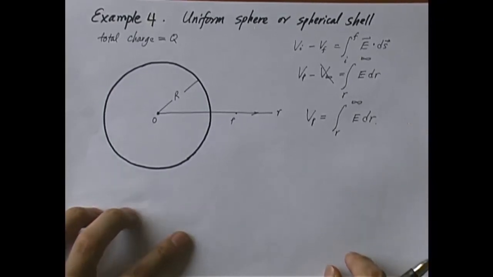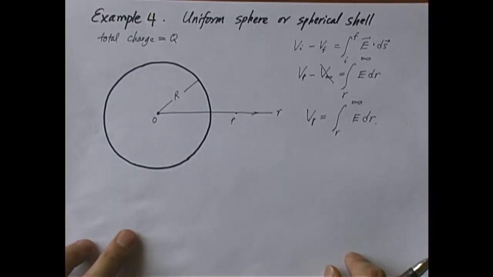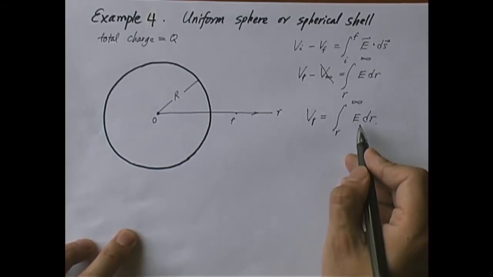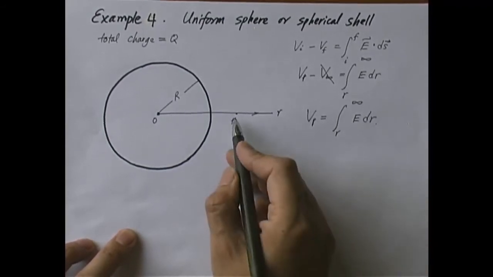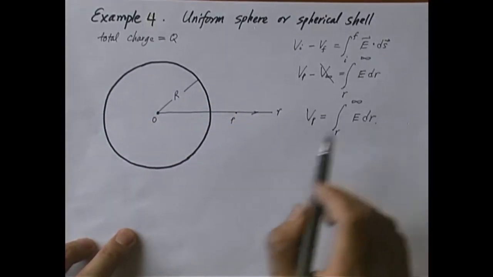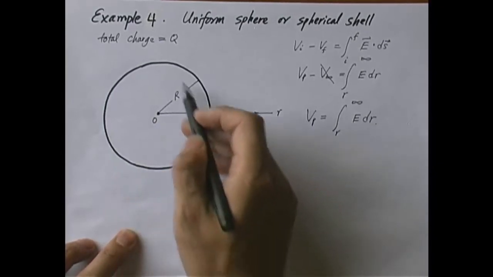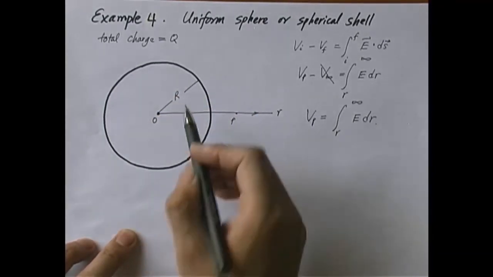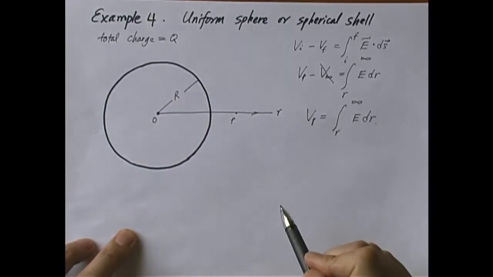It's just that simple. Now, at this point, let's be careful. If we're looking at a point P outside the sphere, then it doesn't matter whether the sphere is stuffed uniformly with charge or it's just an empty uniform shell. Why?